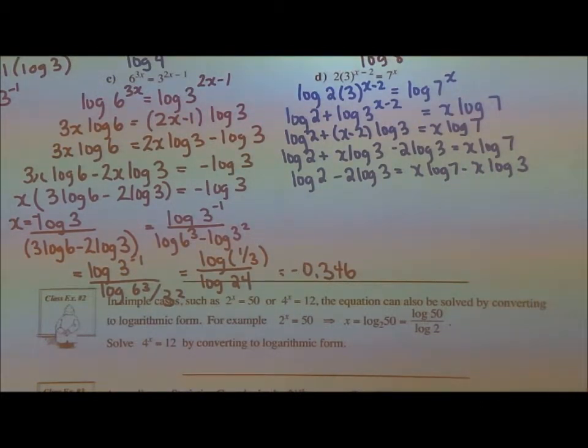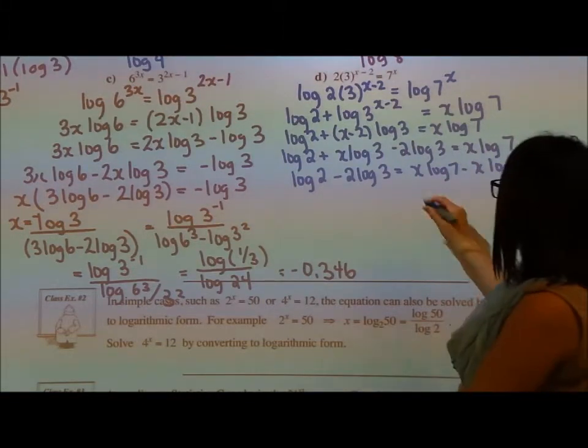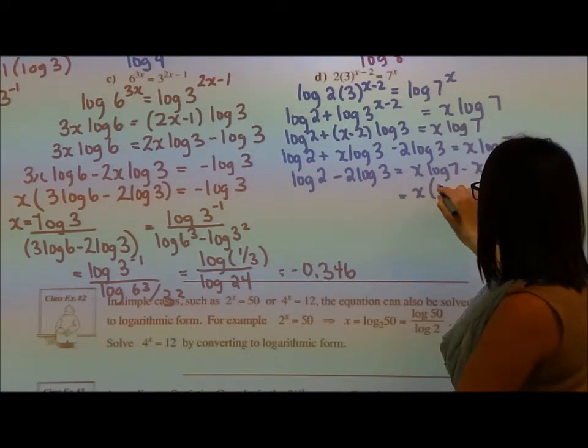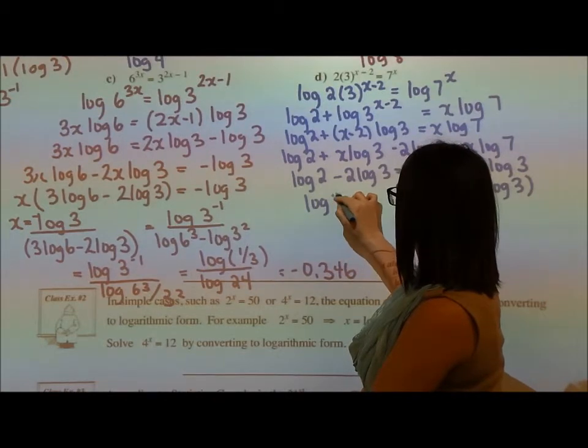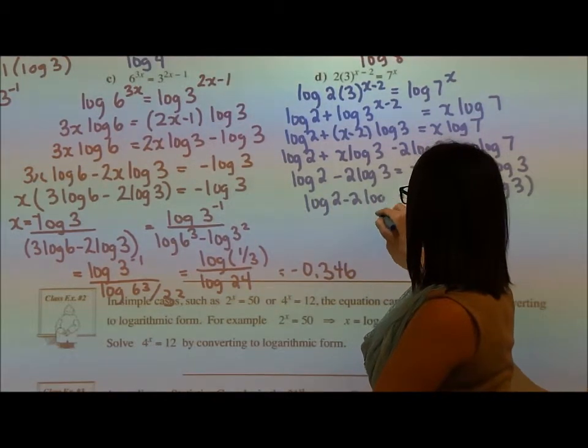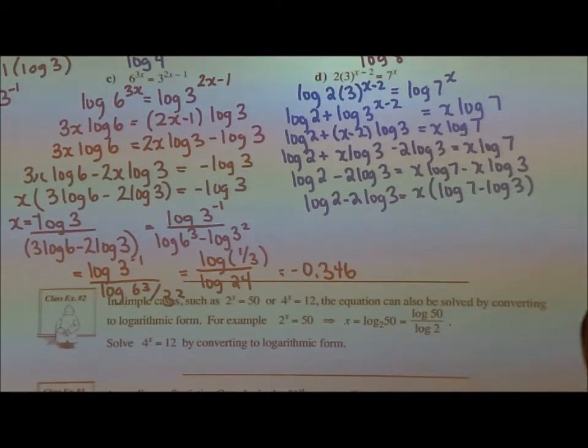Okay, now what would I do? Factor out an x on the side of the x. Then what would you do?